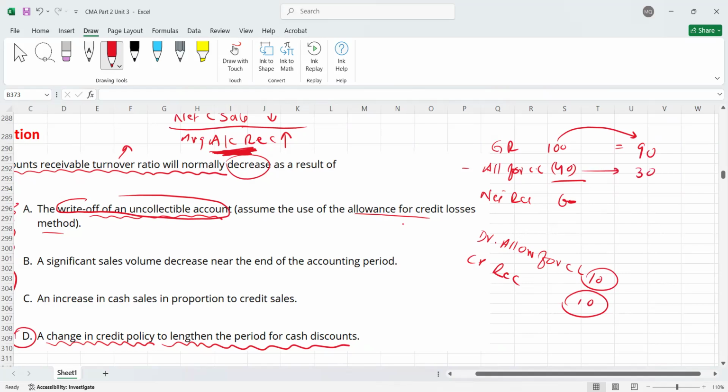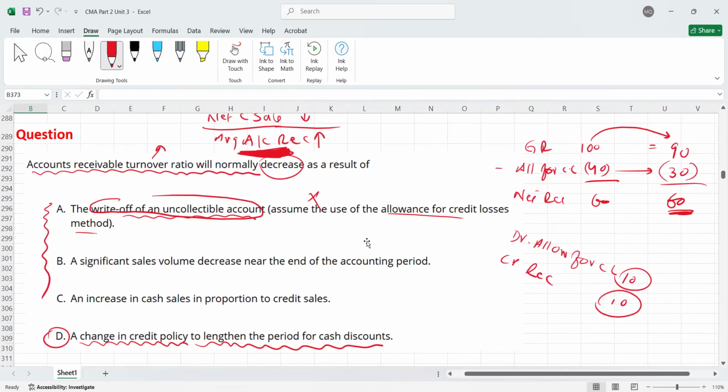It will be 30 now. So if you look here, your net receivable figure is still 60. It means your receivable is not changing due to the write-off of an uncollectible account. If receivables are not changing, your turnover ratio will remain unchanged. So this is not the answer. I hope it is important and clear.